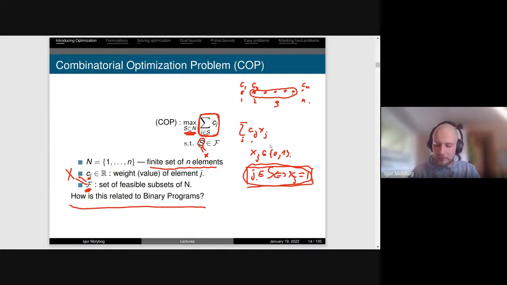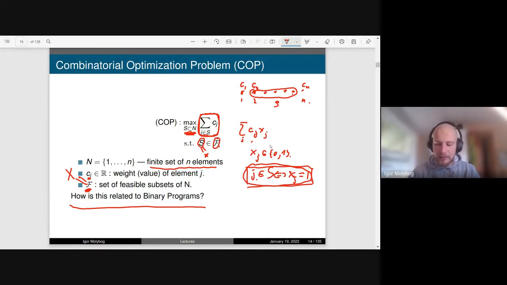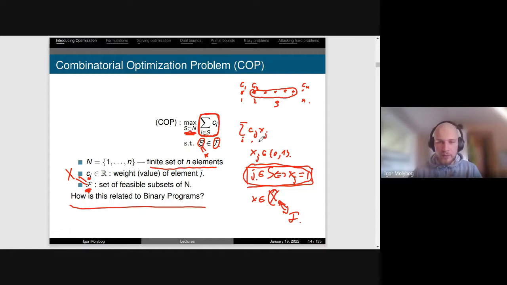Essentially, we just need to rewrite this set capital F with some set X, saying that the vector x belongs to the set capital X that is defined through the F that we had in the very beginning. Excellent. That's a very, very cool answer. Thank you, Maya.